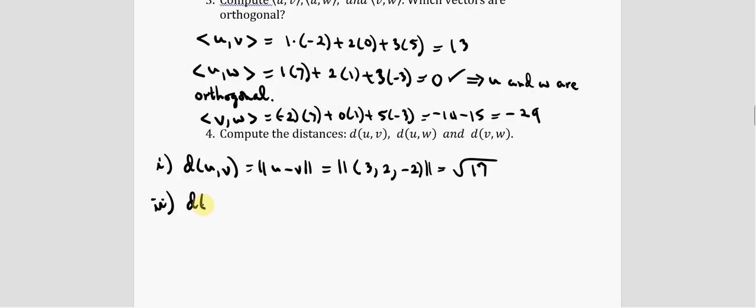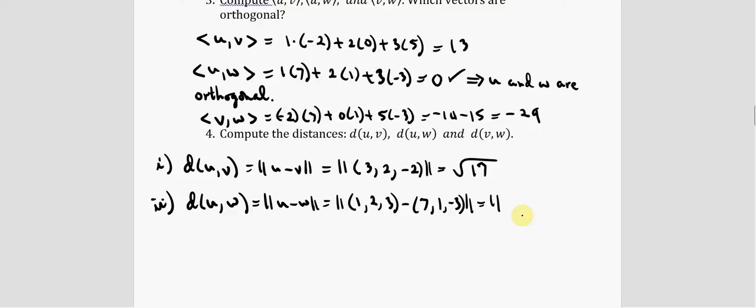So we got the next one, the distance between u and w. So this is here the norm of u minus w. This is the norm of u, which is 1, 2, 3, minus w, 7, 1, and negative 3.